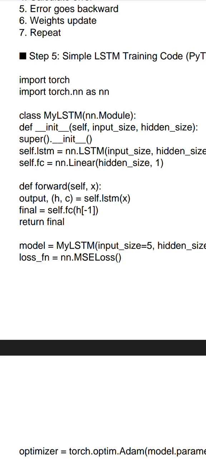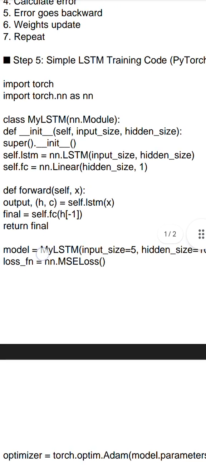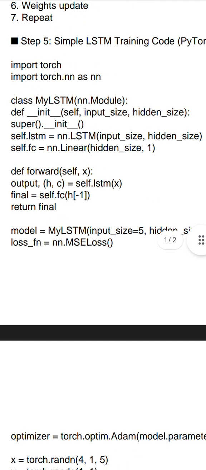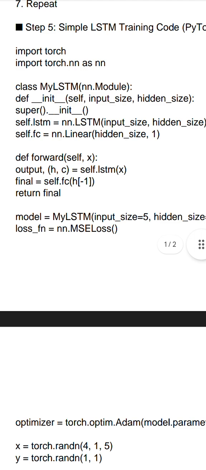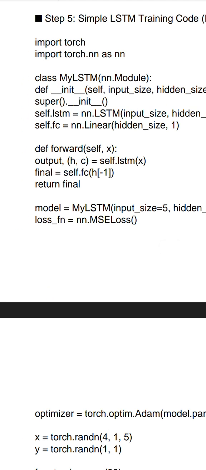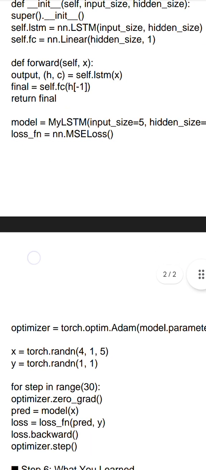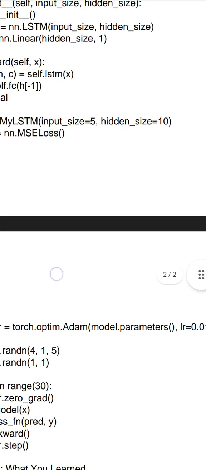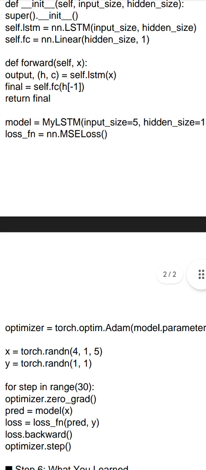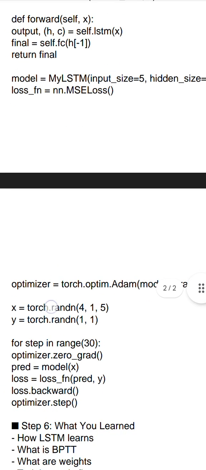Then self.lstm is nn.LSTM with input size and hidden size, and a linear layer. We are taking hidden size to 1 output. Then forward, this is a thinking function. Then h from self.lstm, the final model. Now LSTM input size and hidden size, and loss is mean squared error that we are taking.